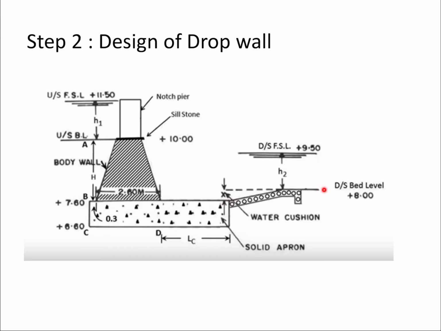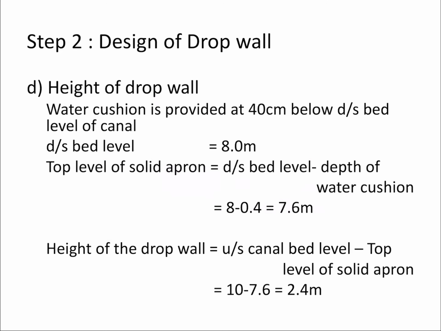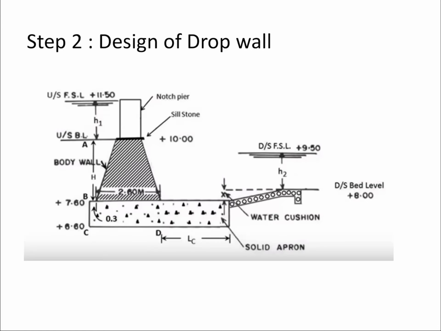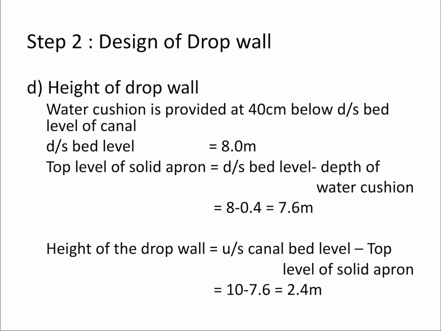So the top level of the apron will be equal to the downstream bed level minus the x value, right? 40 centimeter below the downstream bed level. So the top level of the solid apron will be equal to the downstream bed level minus the depth of the water cushion, which is equal to 7.6 meter. So the height of the drop wall will be equal to the upstream canal bed level minus the top of the solid apron, which is equal to 2.4 meter. Okay.